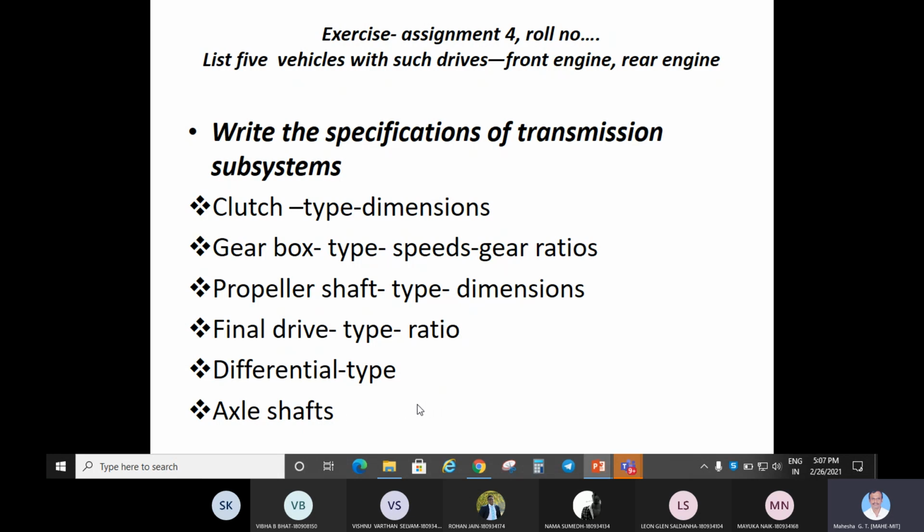Solid or hollow, and semi-floating or full floating or three-quarter floating type of axles. These are things you have already discussed in some other core subject previously. I told you these are the prerequisites. We need not cover them again, but we should be able to make use of them as and when there is a necessity. Is that fine with everyone? I am not asking you to explain, just mention the word or at the most one sentence. Good enough.